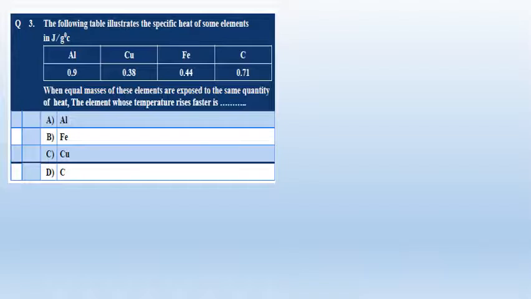But if the substance has a low specific heat, its temperature will rise faster. Okay? So which one's temperature rises faster here? The smallest value of specific heat, which is copper. The smallest value of specific heat is copper, so its temperature will rise faster.